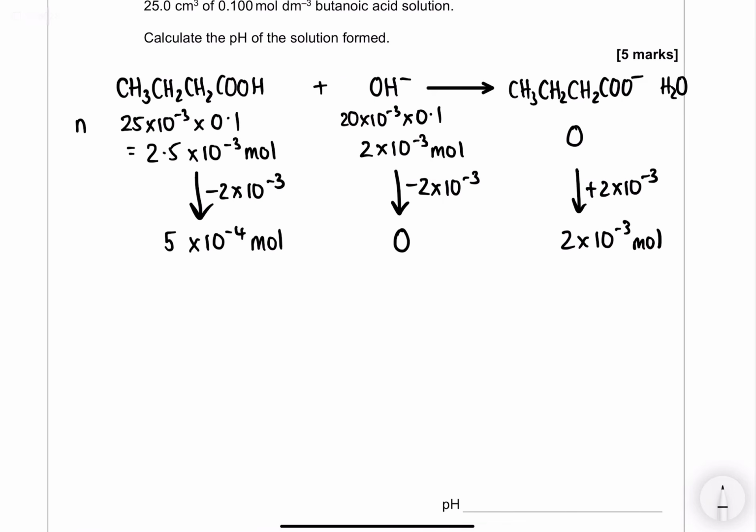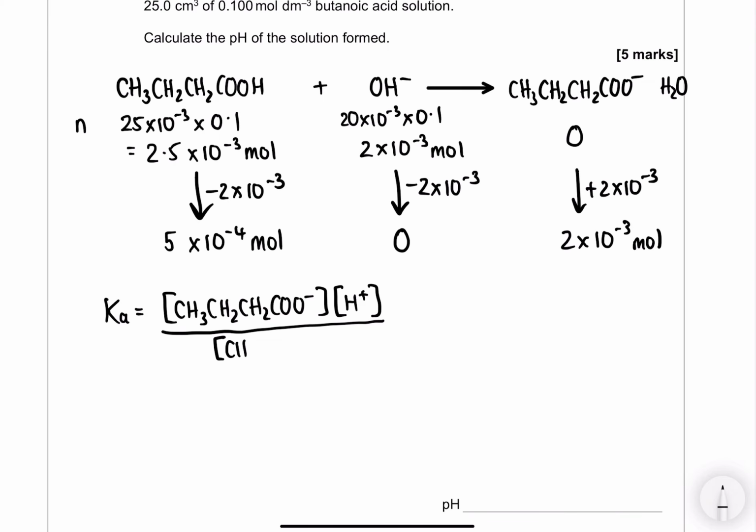Now, at this point, we would probably want to write an expression for the Ka of butanoic acid. So we've got butanoate ions when it dissociates, and hydrogen ions over butanoic acid.